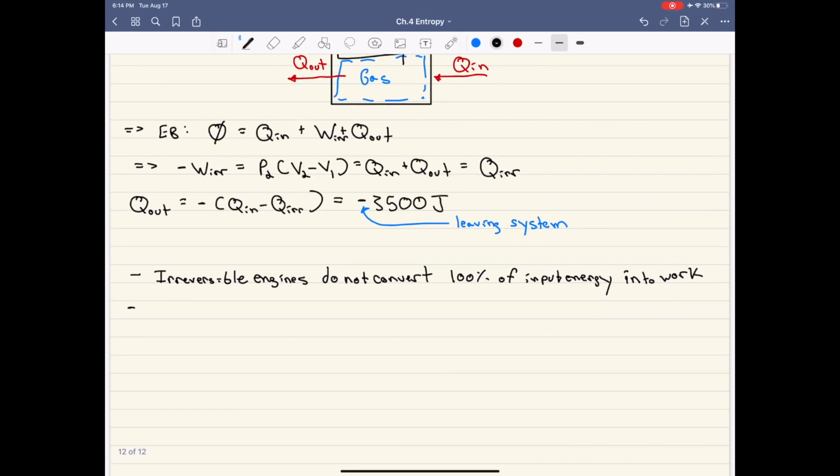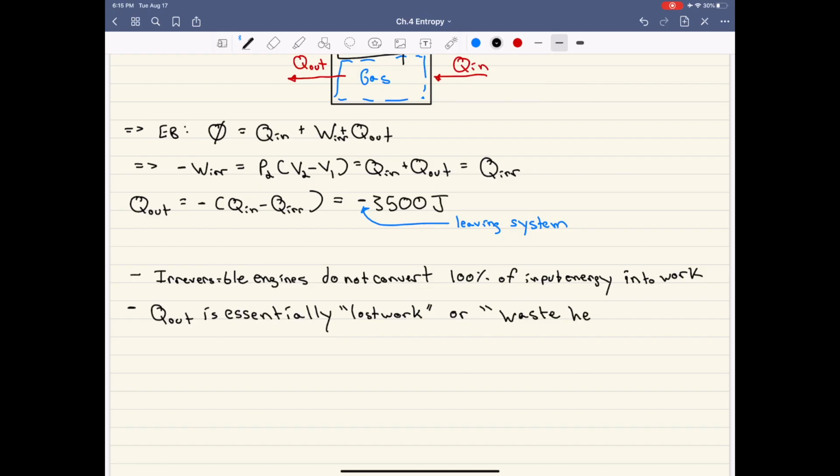And this concept, or this Q out variable that I illustrated up at the top, the way to physically think about it is you could think of it as lost work. Or another term that people use is waste heat, right?